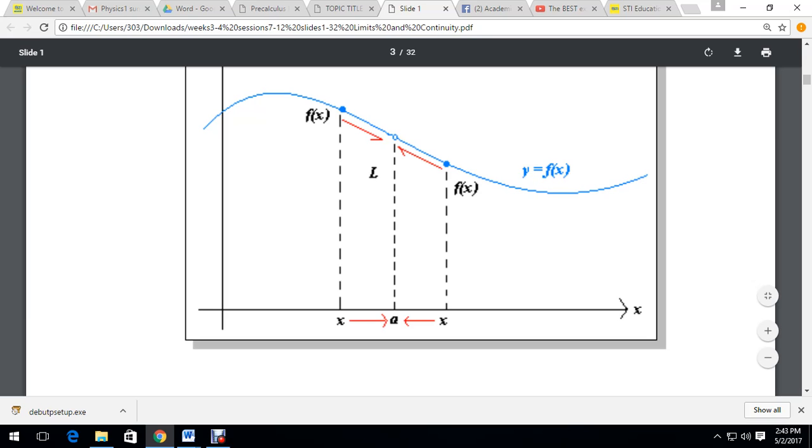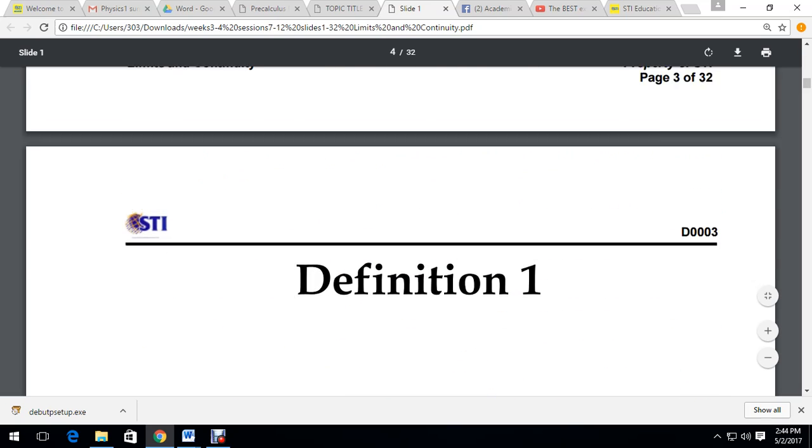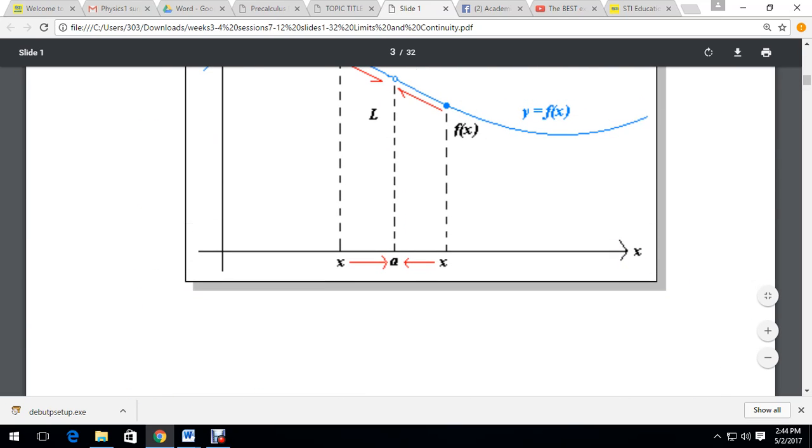This point on the x-axis on the right-hand side of a and this point on the left-hand side of a define our interval. That is the part of the definition that says the function f is defined on some open interval containing a. So that means we could find a within this vicinity, and this is the open interval.